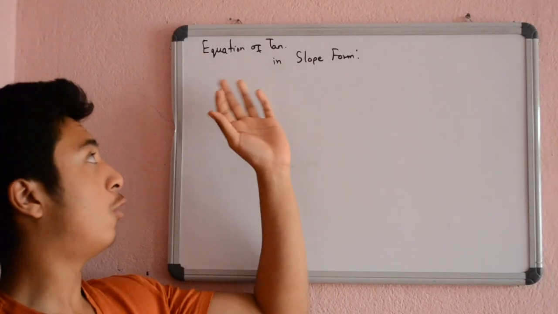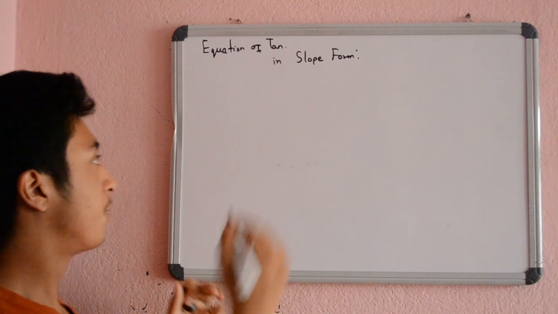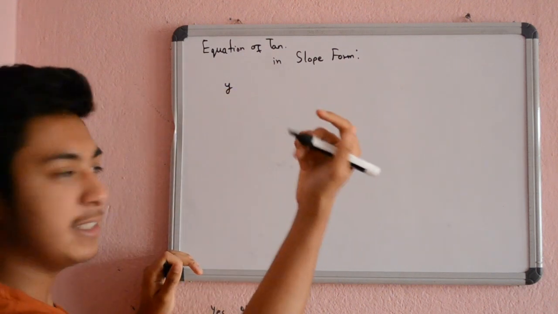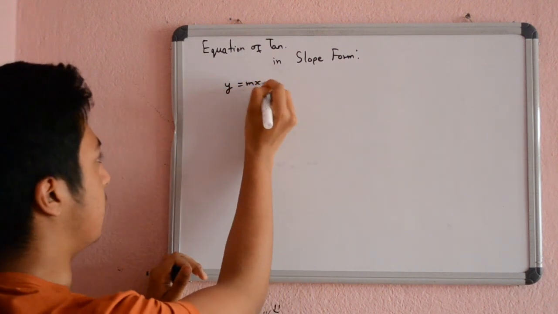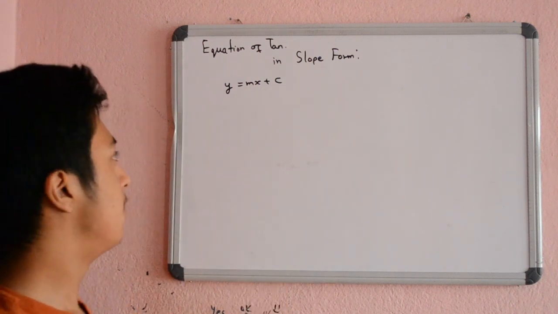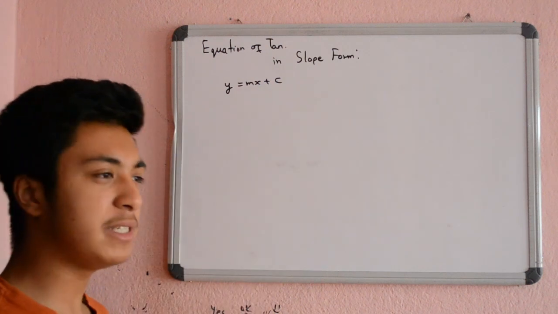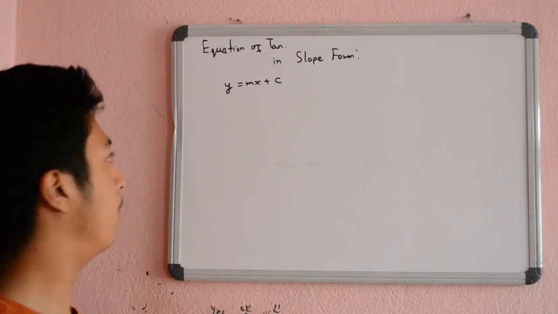So I had almost forgotten this equation of tangent in slope form. So let's have the equation of tangent be y equals mx plus c. Now what we want to do is solve for this c right here, because we already have mx, and this c we want also to be in some kind of slope form.